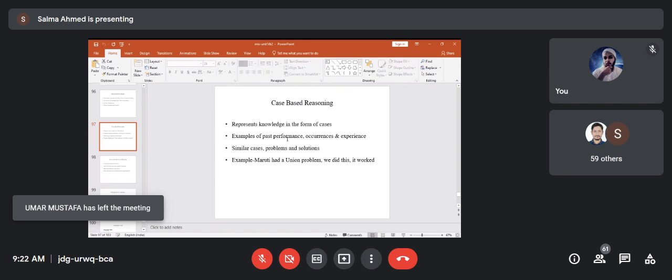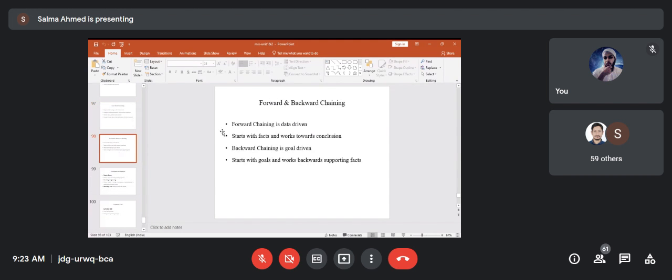So when a problem arises in Hero Honda, they will reflect back: okay, there was a similar problem there. How was it resolved? This was the solution given. So you find a similar case and refer back to it. This is what we call case-based reasoning. What was the strategy used in that particular case to devise a solution, and then you try to emulate that. You find similarity between the two situations and try to find a solution to it. This is what we mean by case-based reasoning.